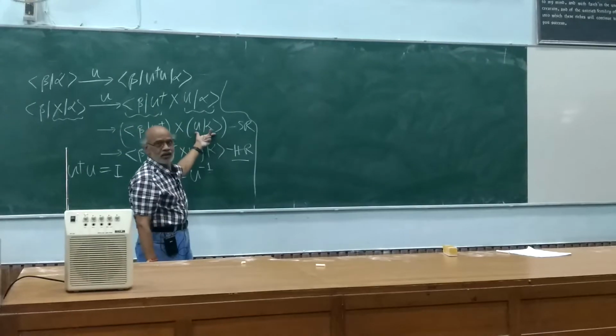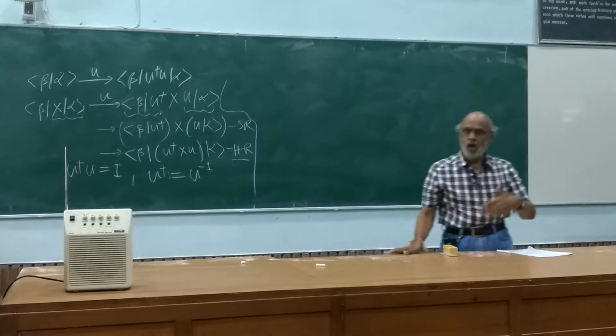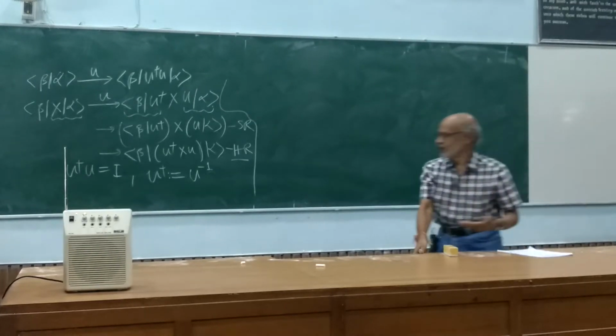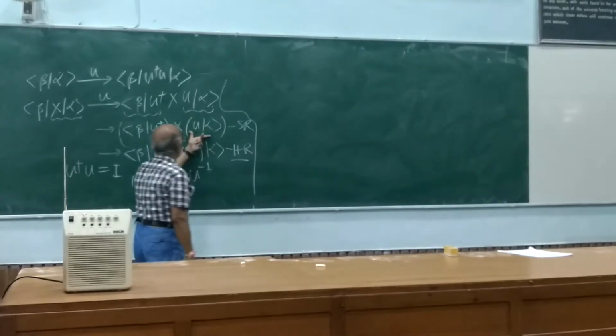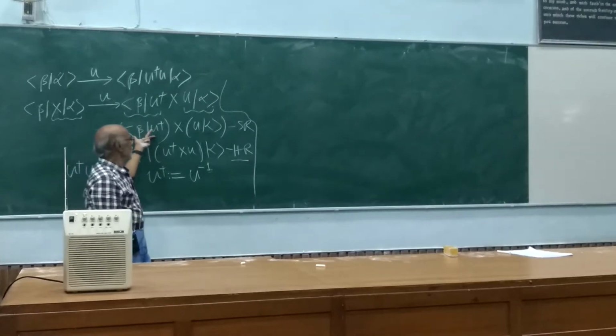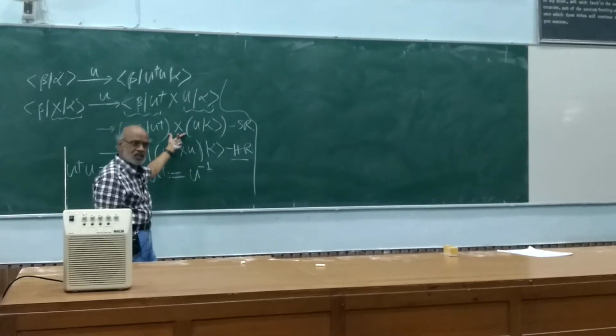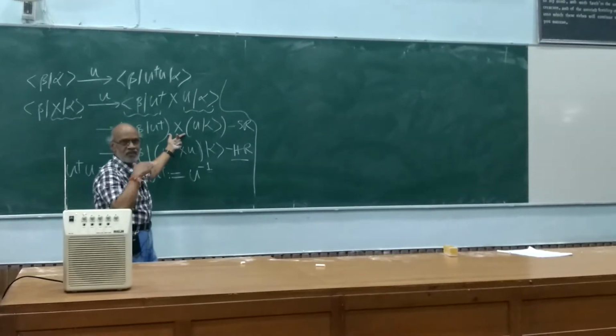And so here the state vectors evolve in time, and if state vectors evolve in time, then state bras also evolve in time. However, the operator X remains fixed or frozen in time for all time the same.